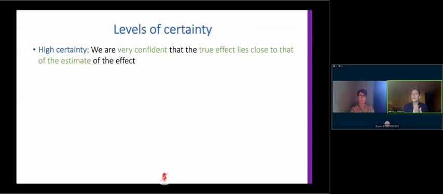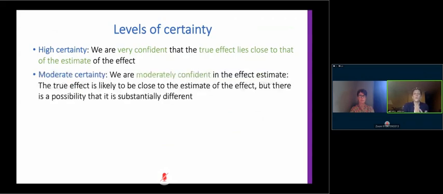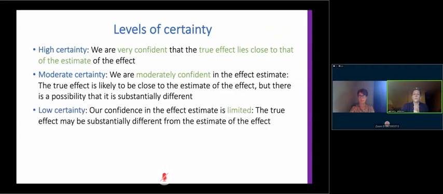And so in GRADE, we have 4 levels of certainty, and each level of certainty describes how confident you are in those results. So if you have high certainty, you're very confident that the effect that you found in your review lies close to the true effect. But as we go down in our level of certainty, we become moderately confident in the results.